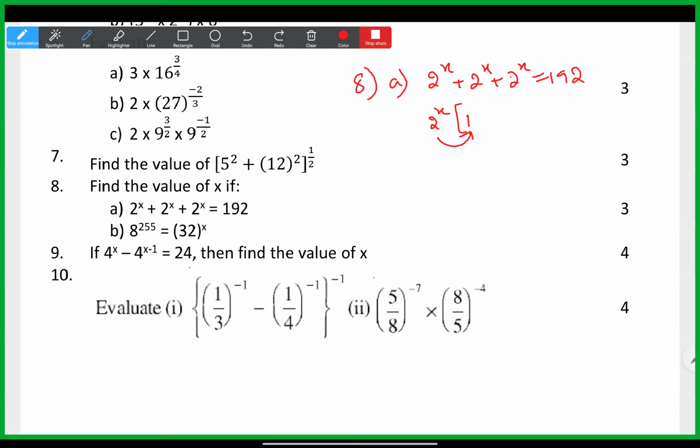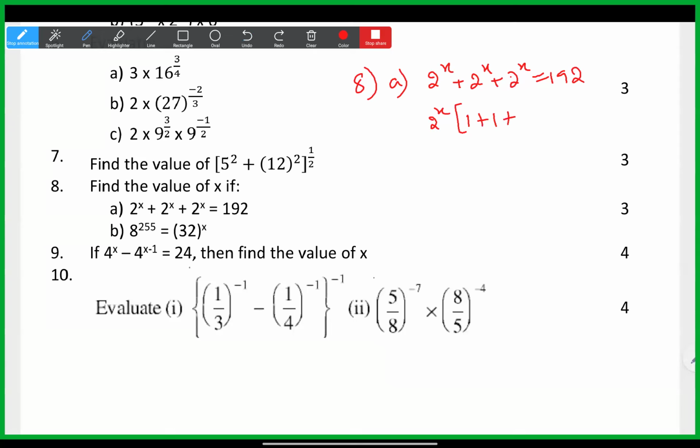2 power x into 1 is 2 power x. Then plus, in this place also, what do I have to write now? Sir, 1 only, because if you multiply it, you have to get this back.